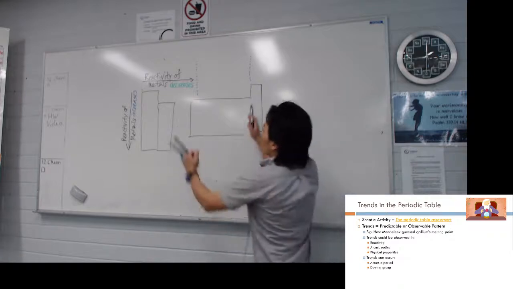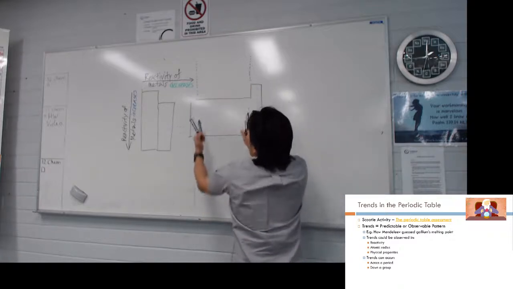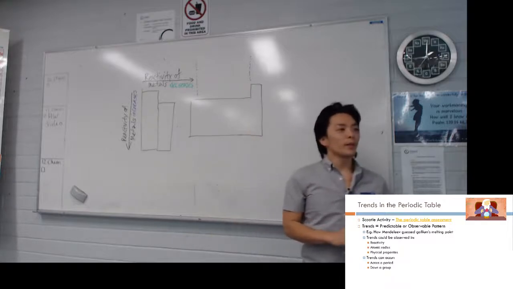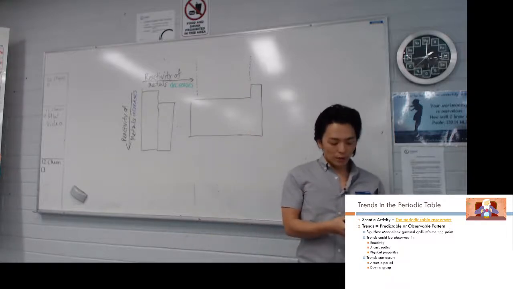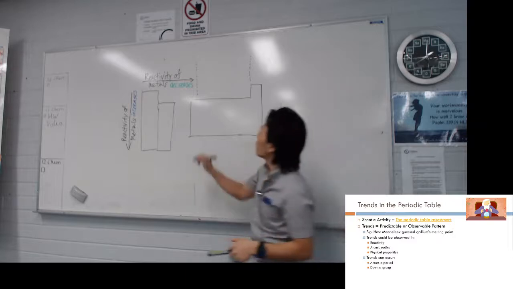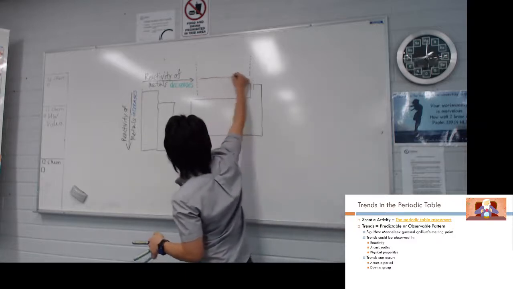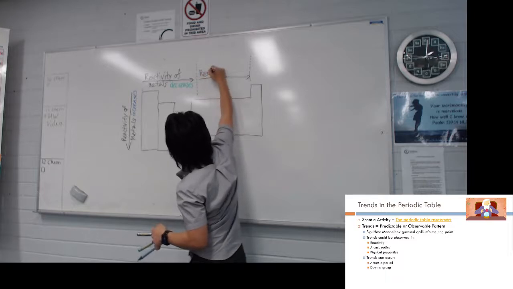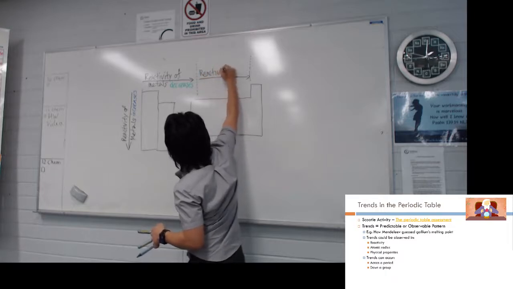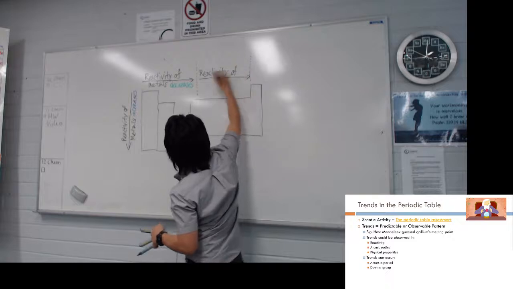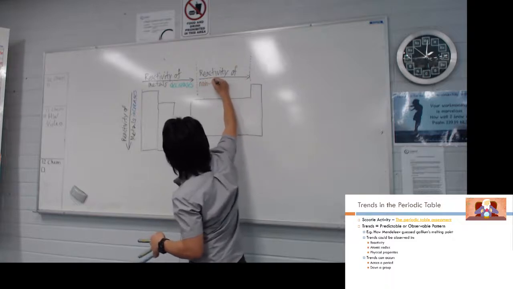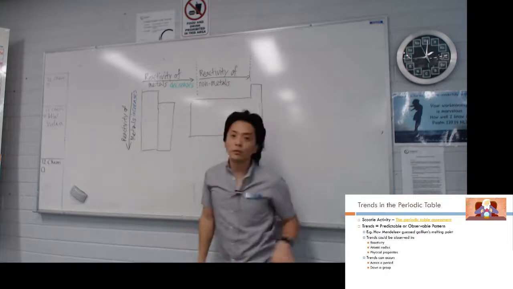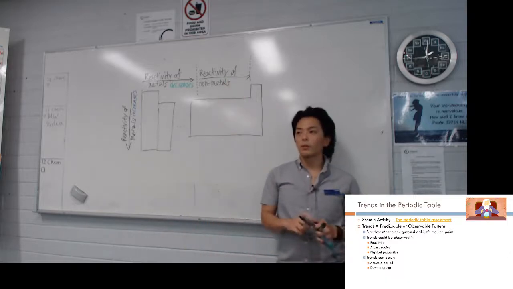But we can still talk about reactivity for these guys, the other nonmetals. How does it change again? Reactivity of nonmetals, if you go from left to right. Nonmetals, would it increase or decrease?